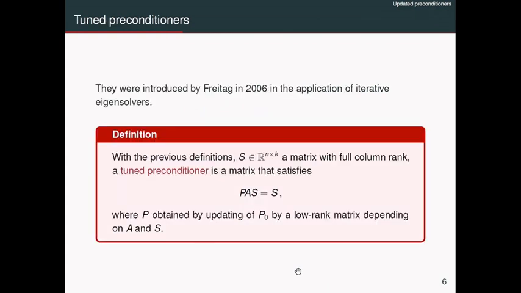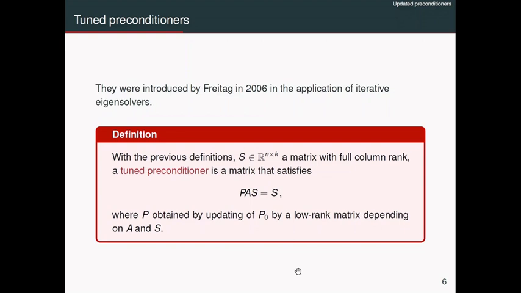First, we will talk about the tuned preconditioners. They were introduced by Freitag in 2006 in the application of iterative eigensolvers, and in this case, we use them for iterative linear systems.